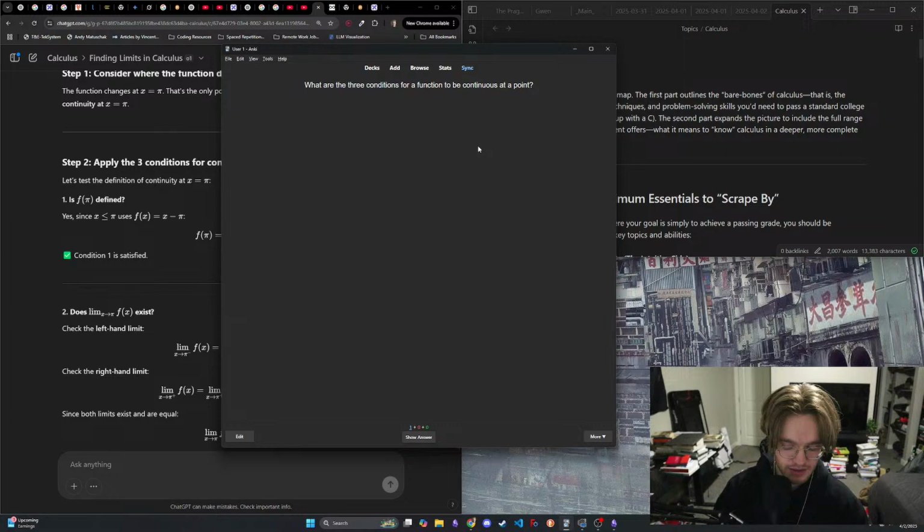Like f of x at x equals whatever needs to exist, and then also the limit has to equal the input, or the limit has to be the same as the input. So the evaluation of the limit and the actual value have to be equal.